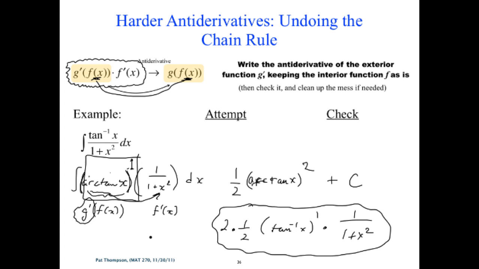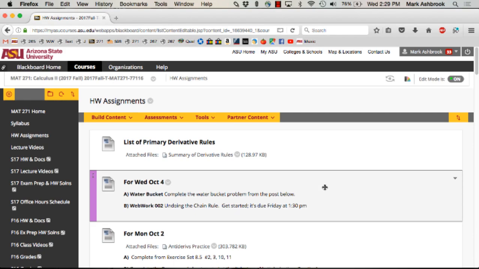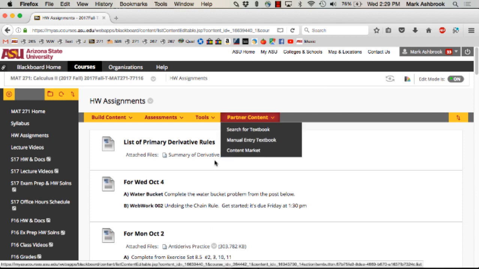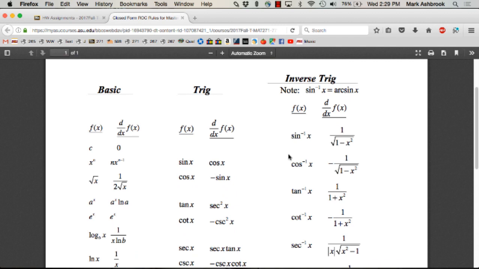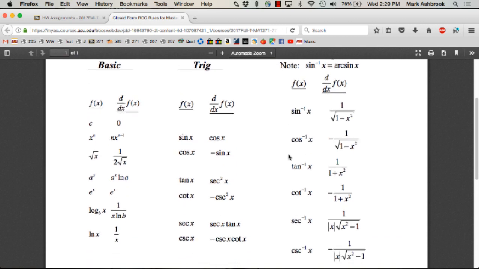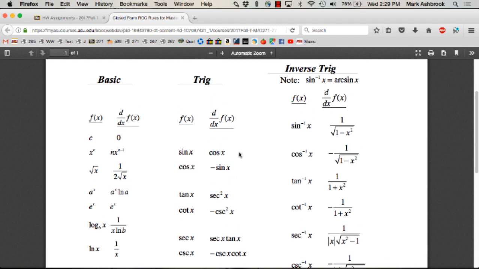And on that note, I have posted, if you look in homework now, the first post in homework is the list of the primary rules. No, we got to learn it, right? The whole point of the mastery test was that you memorize this stuff. So use it all you want.